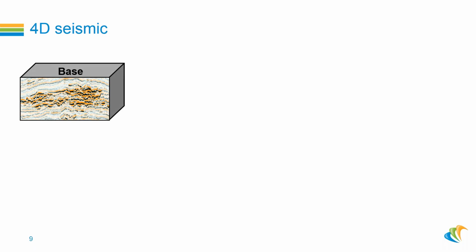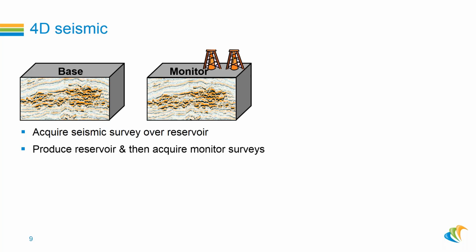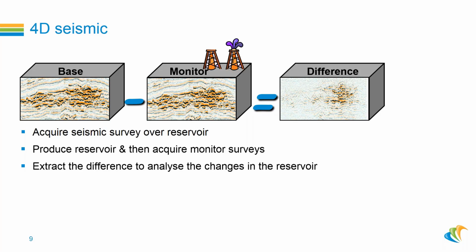As you know how 4D seismic works, we have our base seismic, which we have acquired, processed, and interpreted. We have found the reservoir, and from that reservoir we are producing. So there will be some changes in the reservoir. We shoot another seismic, process it, interpret it, and find the differences between the base and monitor surveys, and it will give us the 4D seismic data.